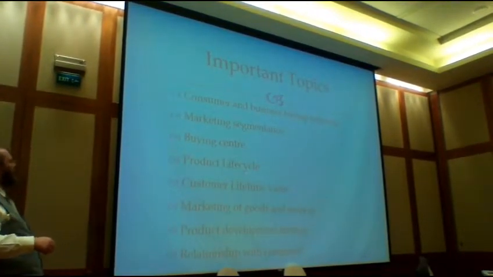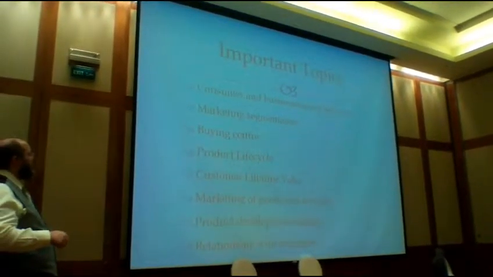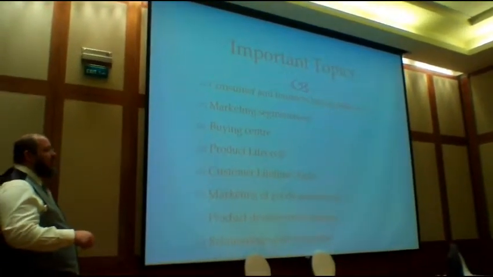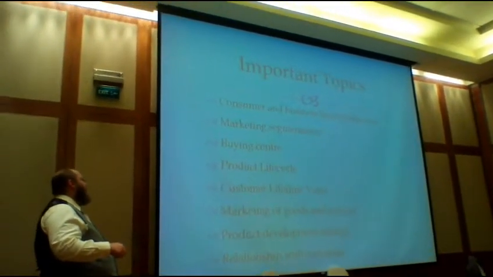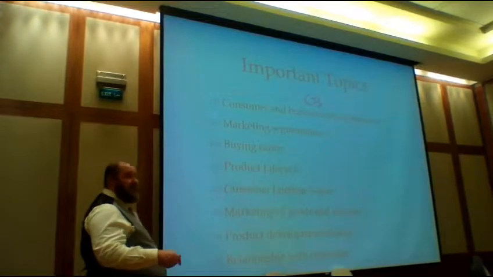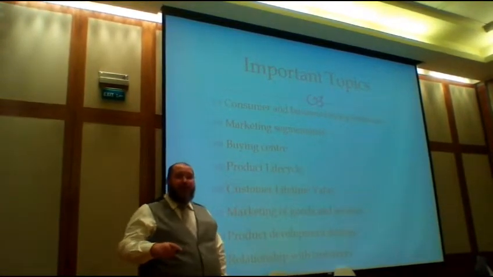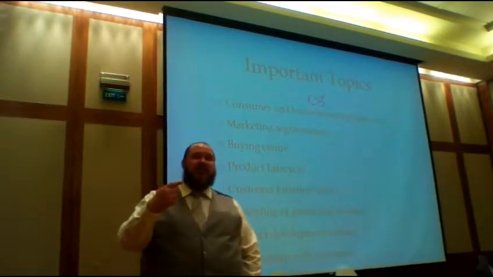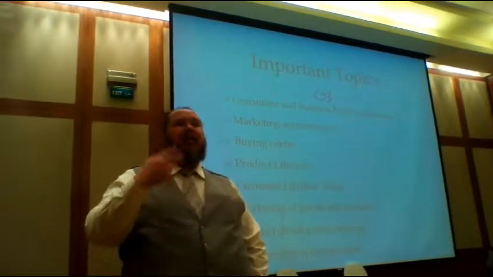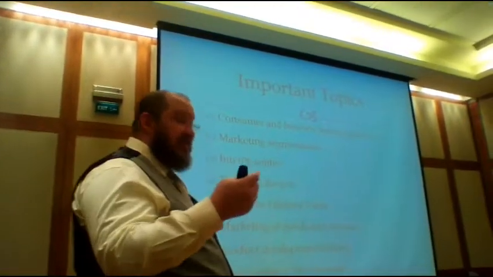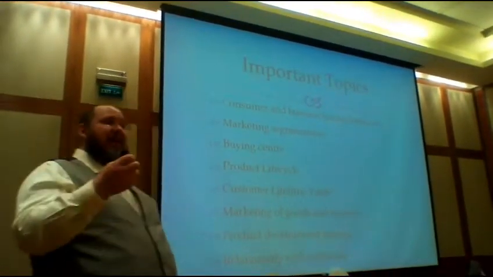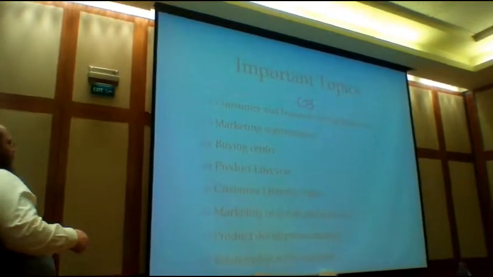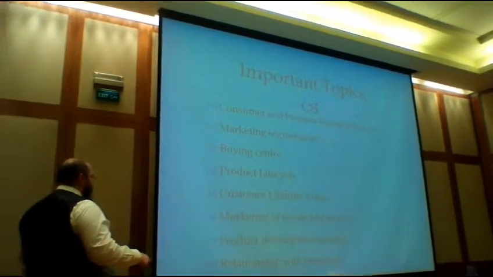Product life cycle, chapter 6. Customer lifetime value, chapter 10. Marketing of goods and services, that's chapter 1 for goods. And then the services one is the one with the perishability, with the inseparability, intangibility.